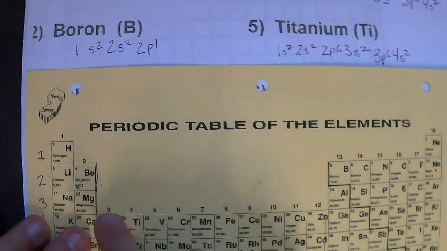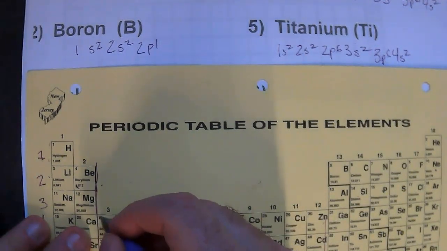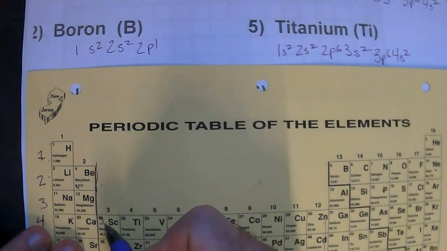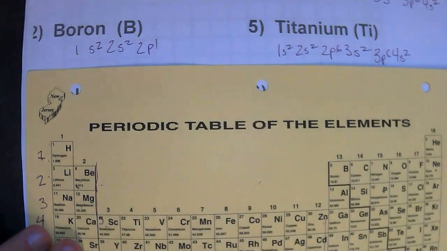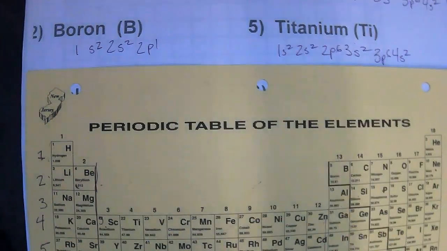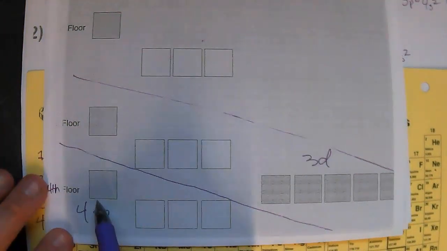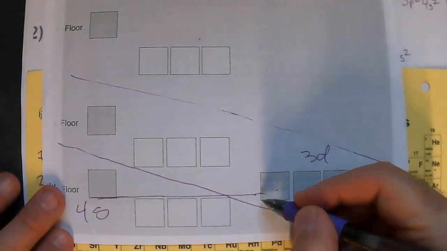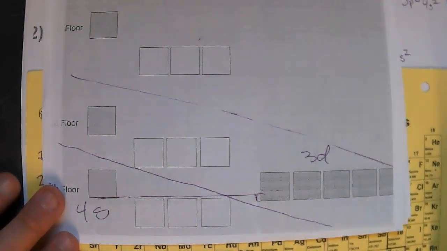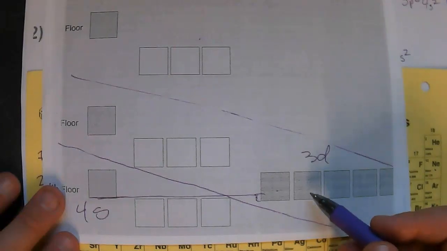So this is here the 3 D's. This is the 3 D's, not the 4 D's. If we take a look back at the hotel, the thing that we were looking at here is, remember that the 4 S's fill before the 3 D's because of this little space, even though they're on the 3rd energy level.